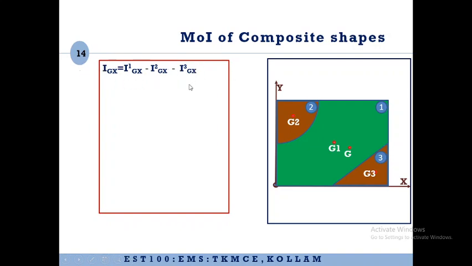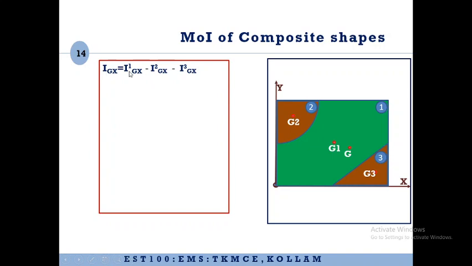We write this equation from the principle that we have learned, that is the moment of inertia of the composite shape about any axis is equal to the sum of the moment of inertia of the simple shapes about the same axis. So we need to find the moment of inertia of the composite shape about its centroidal axis Gx. That means the moment of inertia of the composite shape about the Gx axis will be equal to the sum of the moment of inertia of the simple shapes about the same axis.